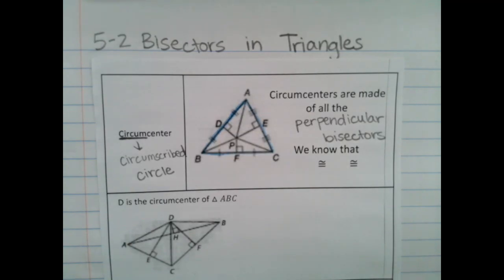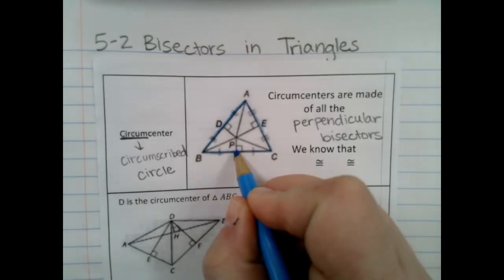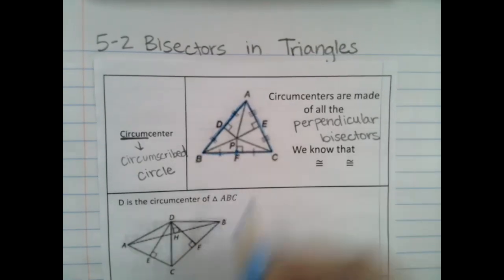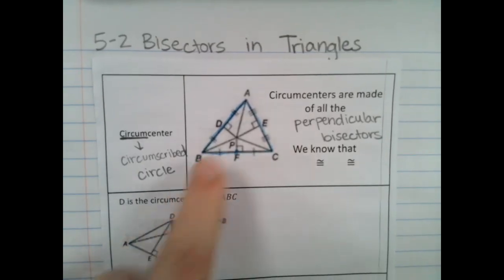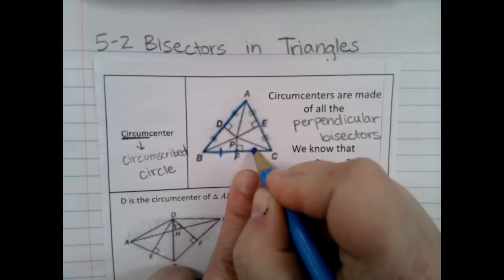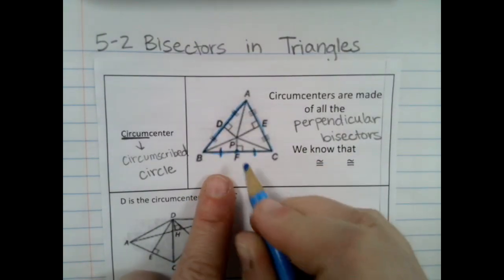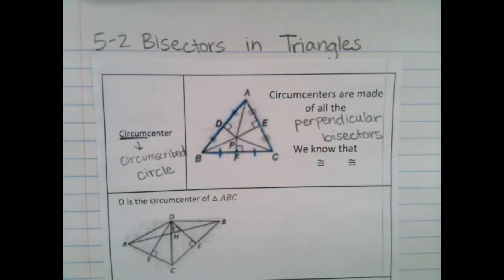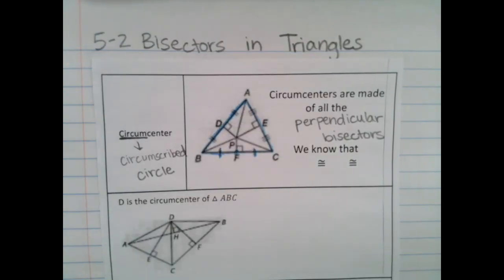Then it's going to find the midpoints of each side, so we're cutting each side in half. F is the midpoint of BC, which tells us that BF is the same as FC. These would be matching because it's the midpoint. Where would be another midpoint?